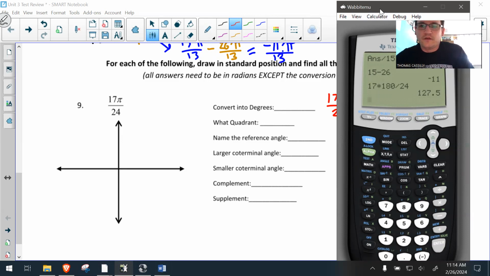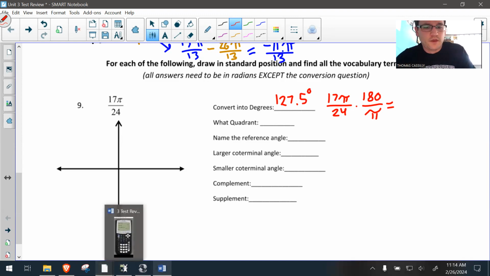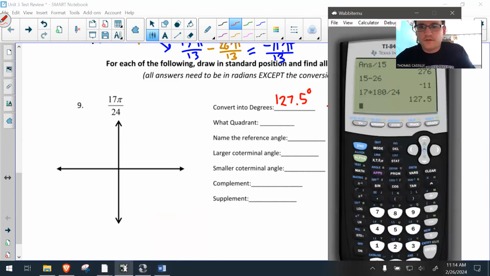That's going to give us a 127.5 degree angle. Right, which that's fine. It happens. We have that decimal for an angle, so not a big deal.